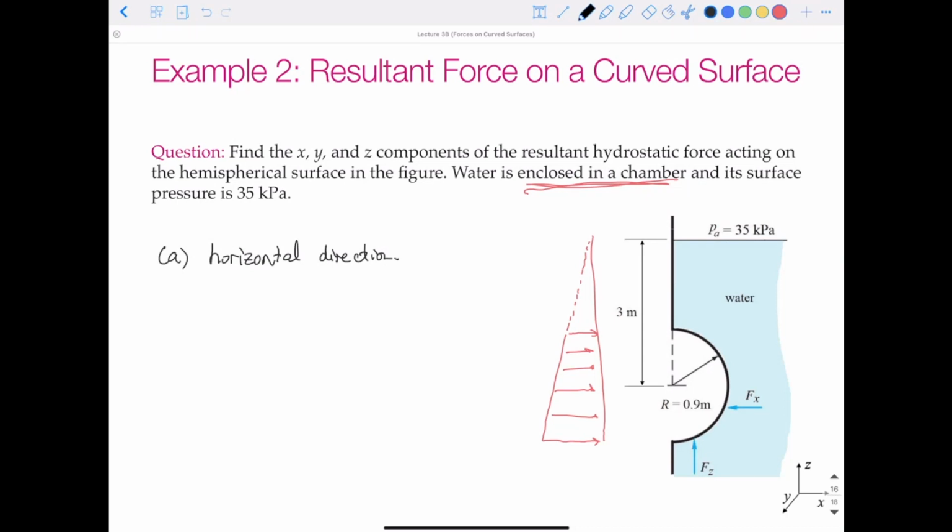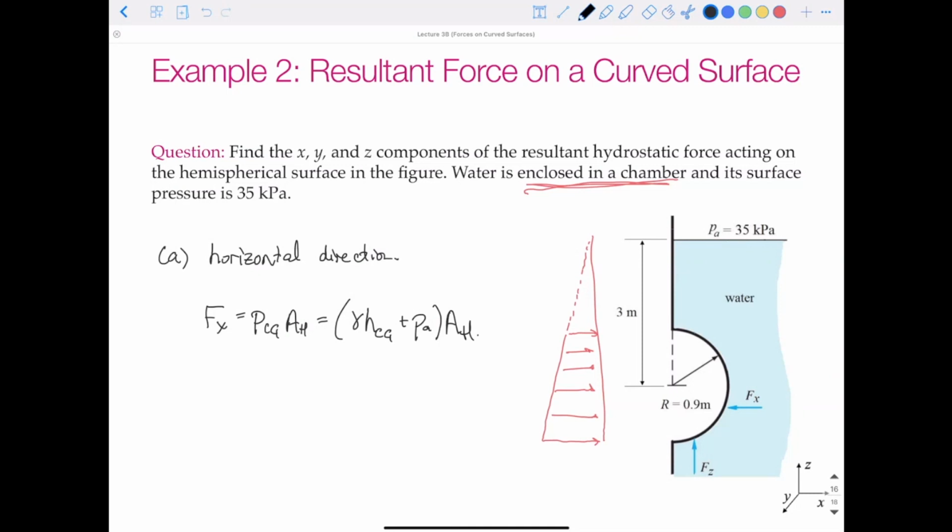So we can write Fx is equal to the pressure at our center of gravity times the area of the horizontal projection. And that's equal to gamma times the depth h of the center of gravity, plus PA, times the area of the horizontal projection.